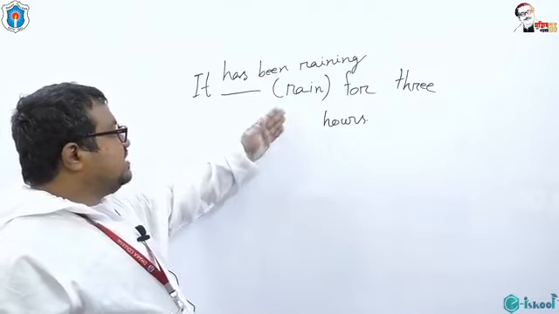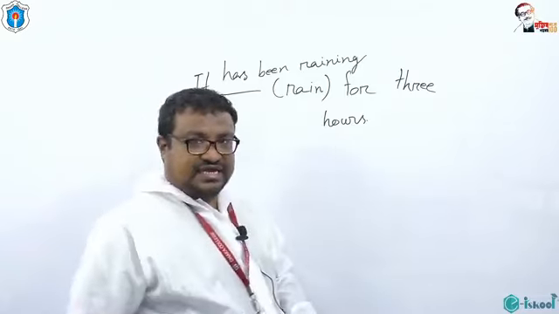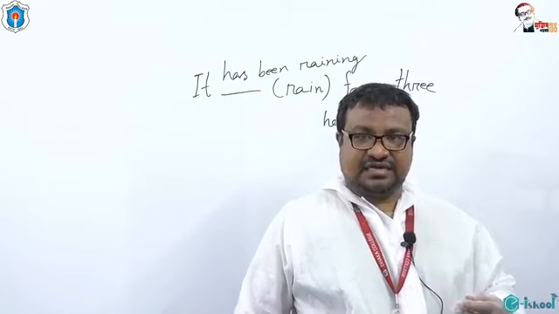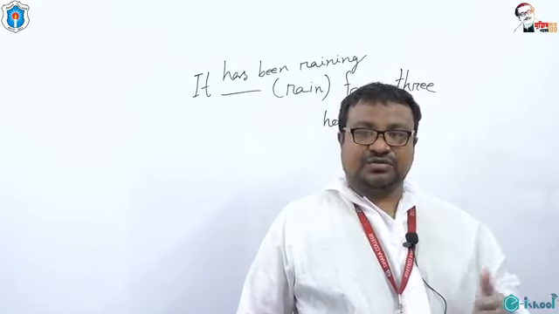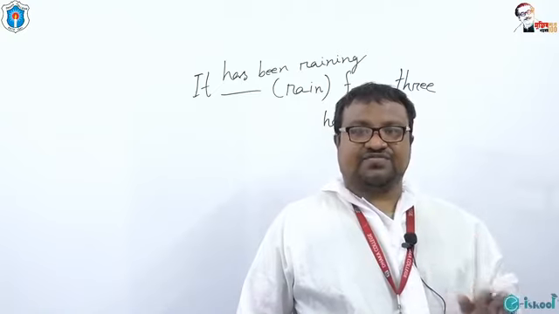It has been raining for 3 hours. So when I am saying it has been raining, we are using present perfect continuous tense.